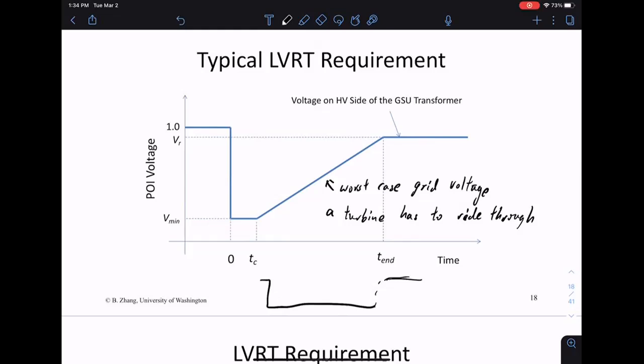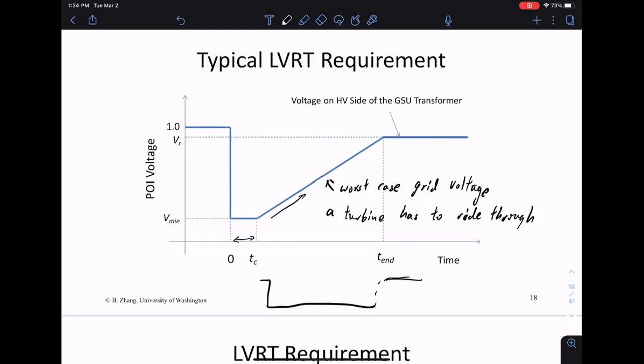As a turbine, you can expect that if your voltage drops, it will stay there for some time, then start to rise again. When designing a turbine, riding through a voltage that just dips for a very long time turns out to be quite hard and complicated.